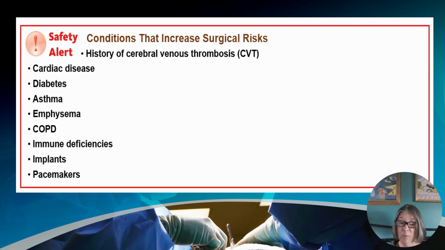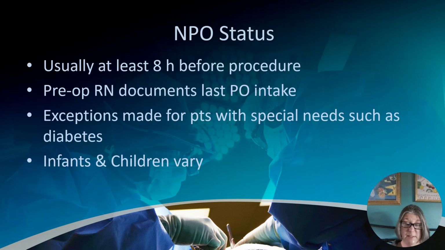So right there are respiratory things, right? And they are inflammation problems too. So we worry about that. Immune deficiencies, because is my person at increased risk for infection? Implants, pacemakers, right? All of these things, but I feel like that's really kind of self-explanatory.